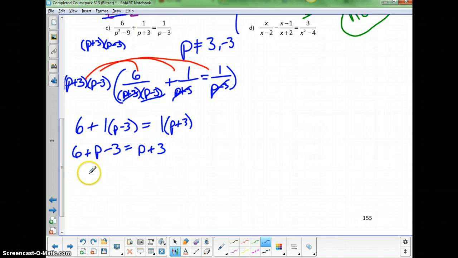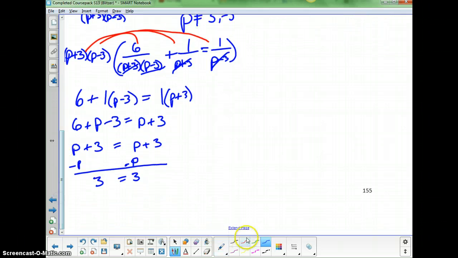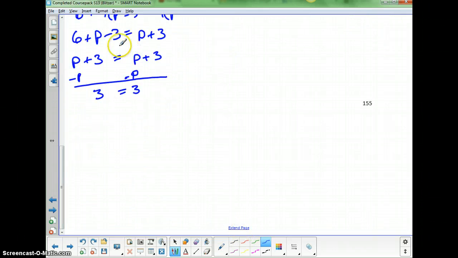Okay, so let's combine like terms. We have p plus 3 equals p plus 3. This is oddly suspicious. If I subtract p from both sides, that gives me 3 equals 3. When we were looking at equations in one variable, this was the all real numbers are solutions type.